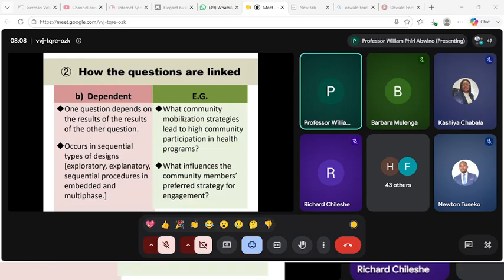So please, can you pick these? In a research proposal, we want maturity in the way you apply these in your proposal. We are not going to accept situations where you keep on telling us, no, I used mixed research methods because it involved both qualitative and quantitative.